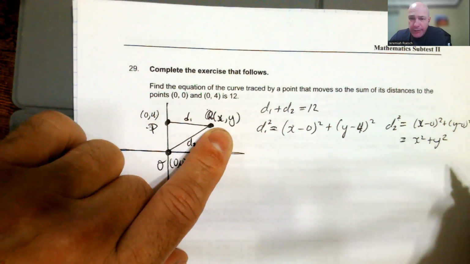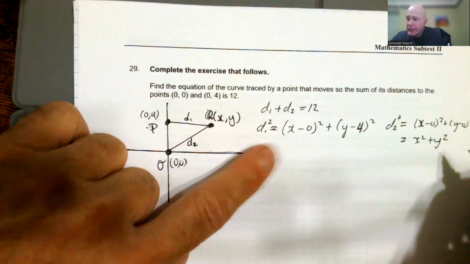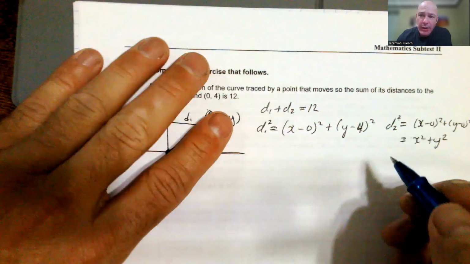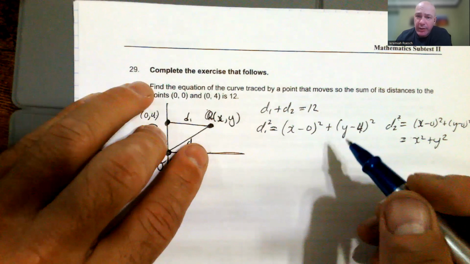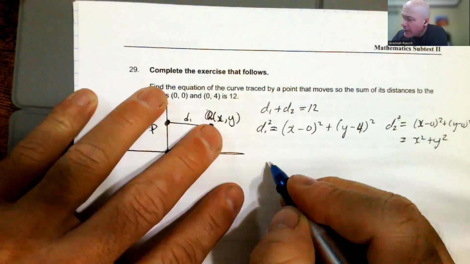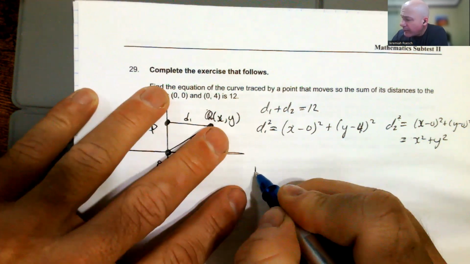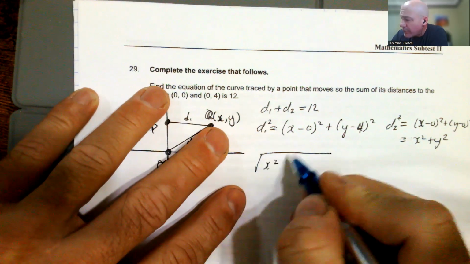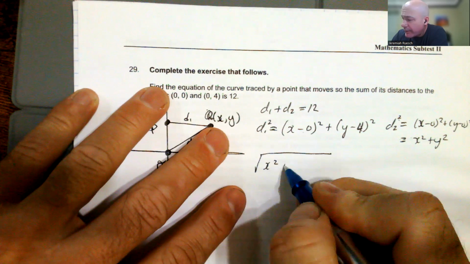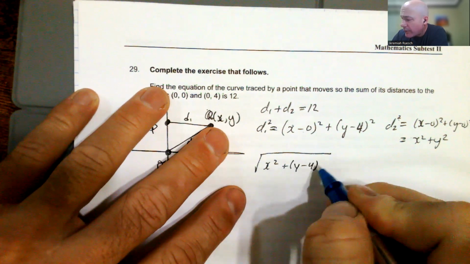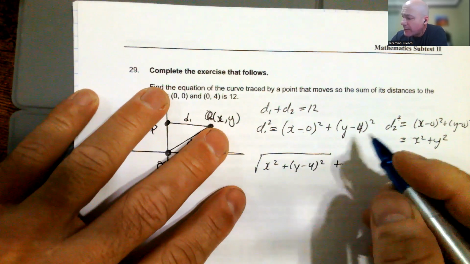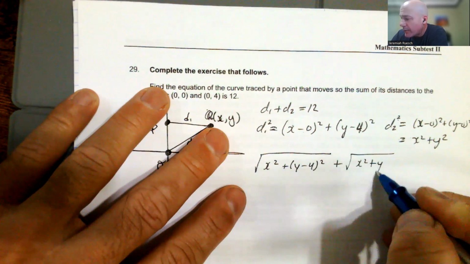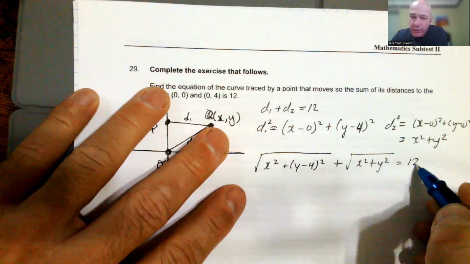Okay. So we're going to take the square root of these distances and plug them in here and then see what we can find for the equation of the path traced out. So we have the square root of x squared plus y minus 4 squared, that's D1, plus the square root of x squared plus y squared, and that sum has to equal 12.